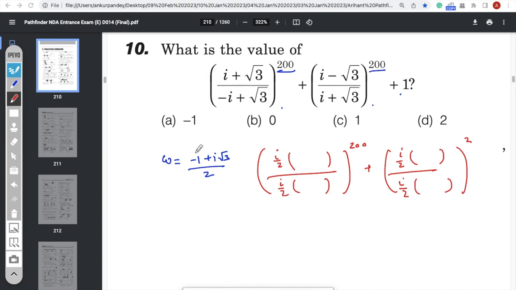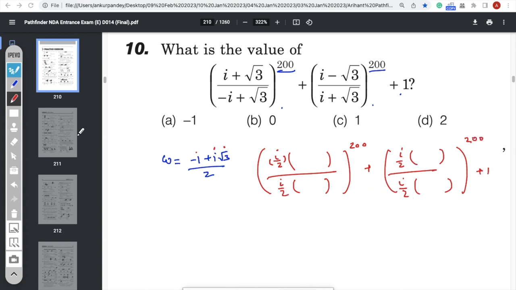Complete omega will have minus 1 plus i root 3. So in order to send an i here, we'll have to multiply this by i, and the denominator should be 2. Hence we did the multiplication of i by 2. We can't do it in the numerator only; we have to balance it out by doing it in the denominator. Right? That we did, and plus 1 is there.